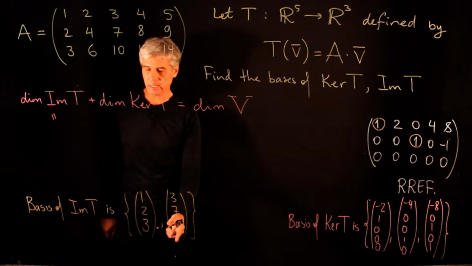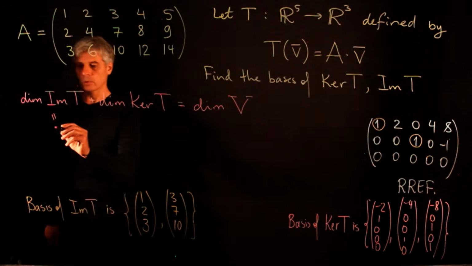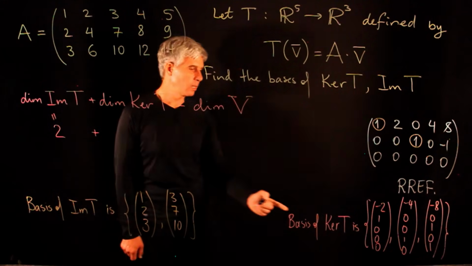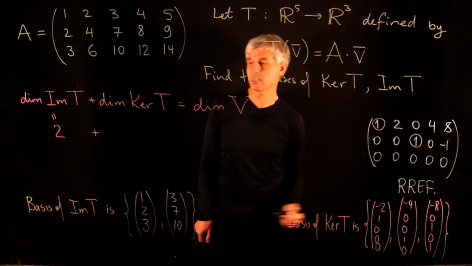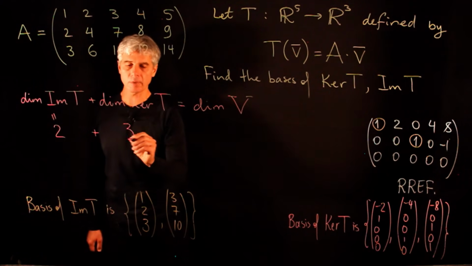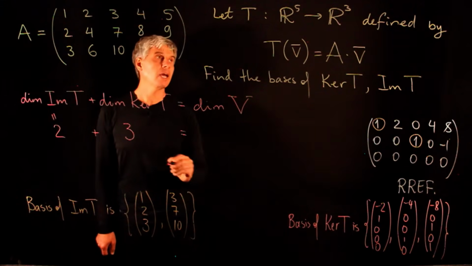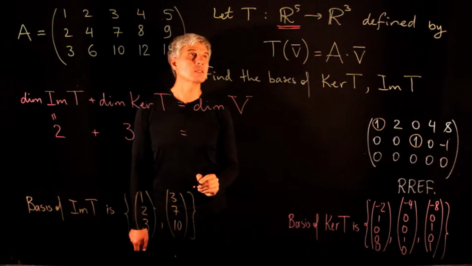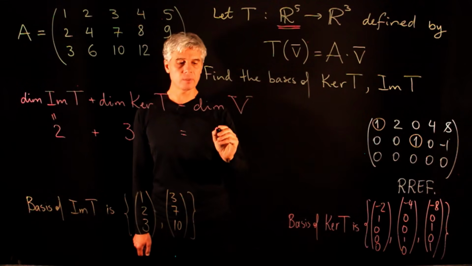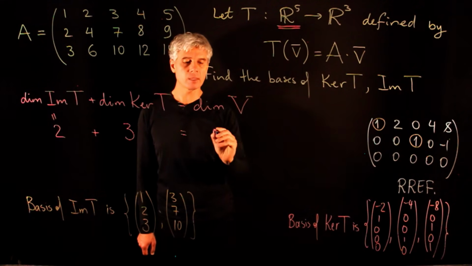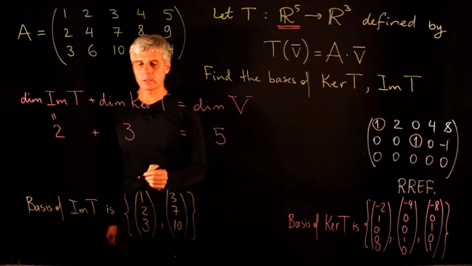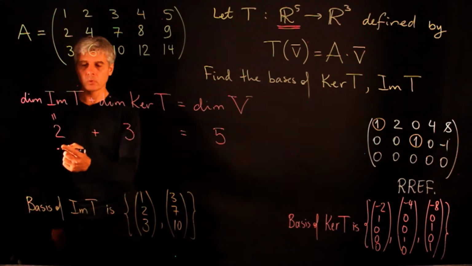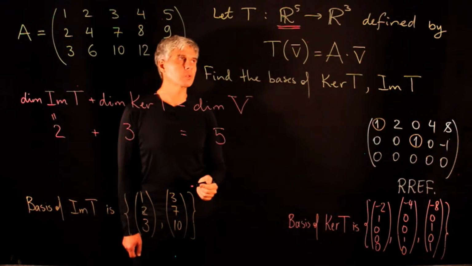Here this basis has two vectors. So this is 2 plus dimension of the kernel of T. Kernel of T has 3 vectors in the basis. So this dimension is equal to 3. And now we look at what the domain is. The domain is R5. And so the dimension of the domain is 5. And so we see that this formula holds in this example. So 2 plus 3 is equal to 5.